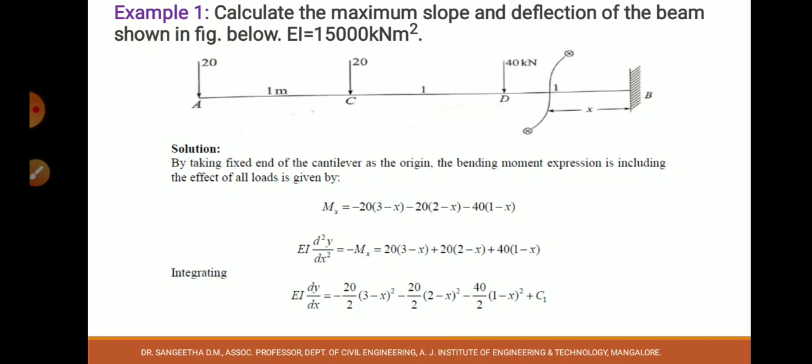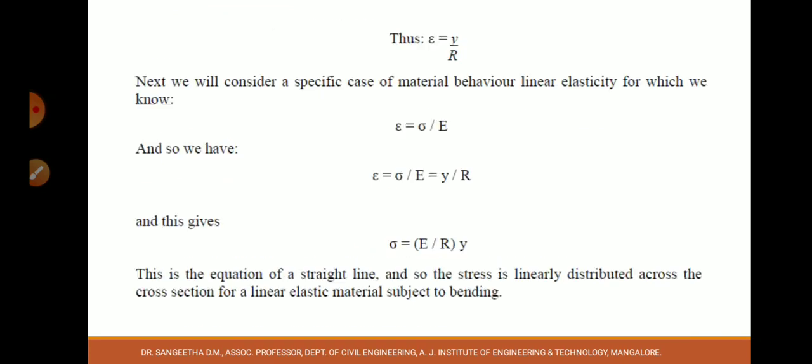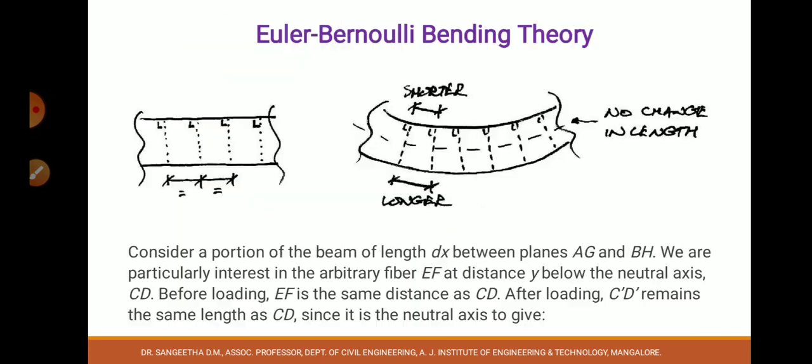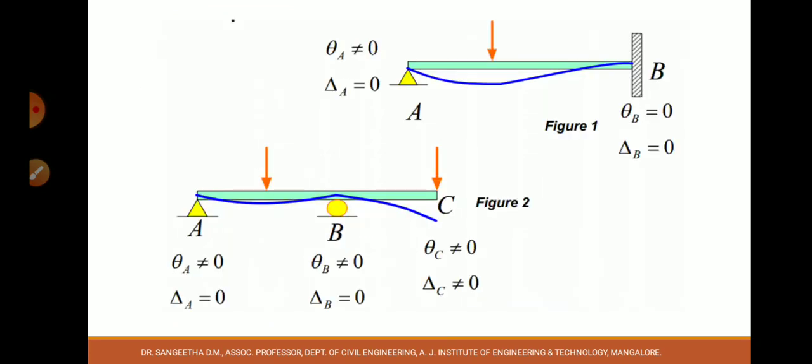So, cantilever beam means, I'll just take you back to the slides. Here it was propped cantilever, one end was simply supported. But can you see this portion? Whenever something is fixed, this is the boundary condition. Whenever something is free, this is the boundary condition. Whenever something is simply supported, this is the boundary condition.